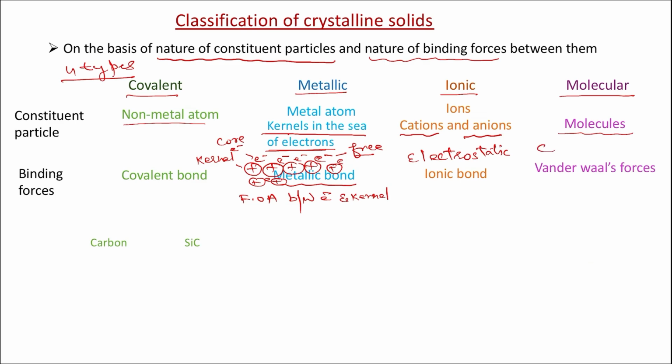Suppose I talk about carbon dioxide and carbon dioxide, so this molecule and this molecule, these two are termed molecules because they have independent existence.